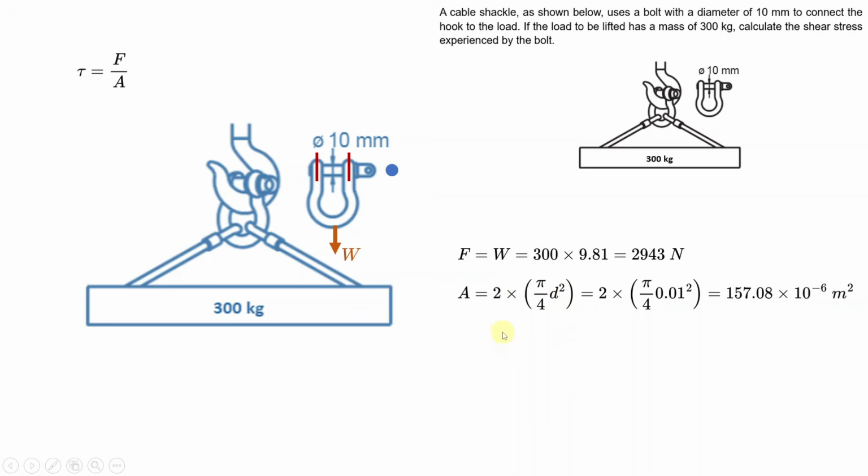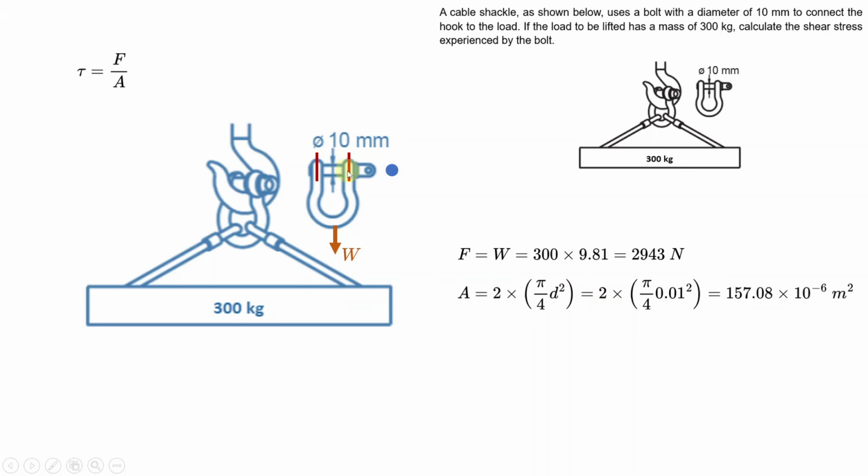In this case it's twice pi by 4 multiplied by the diameter of this bolt squared, as you see on the screen. And we know that the diameter is 10 millimeters. You convert that to meters, that is 0.01. You square that because that's how you get the area, and you multiply it by pi by 4, and then you multiply all of that by 2 because we have double shear.